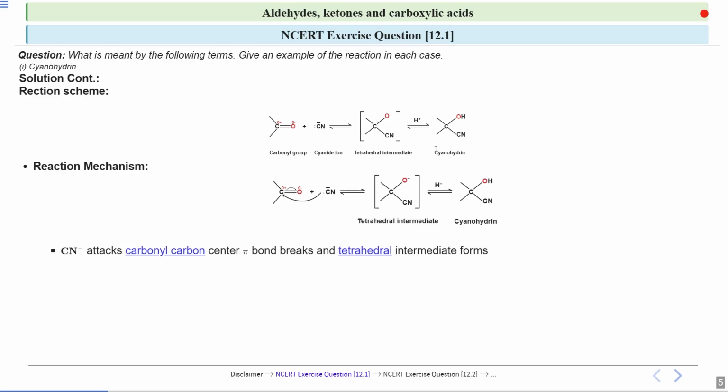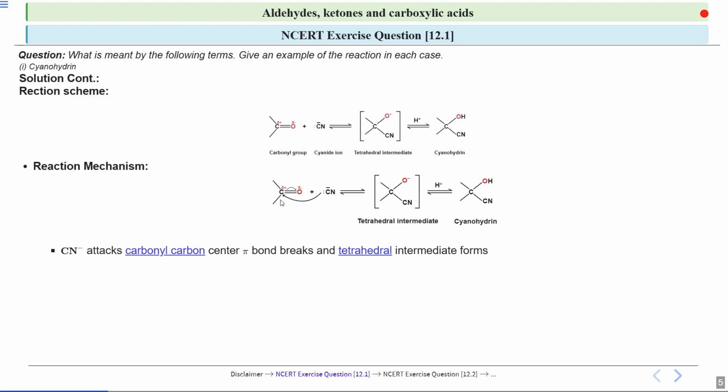First, the CN minus ion, or cyanide ion, attacks the carbon atom of the carbonyl group. If you see, the charge on this carbon is partially positive, which is a good target for a nucleophile to attack.